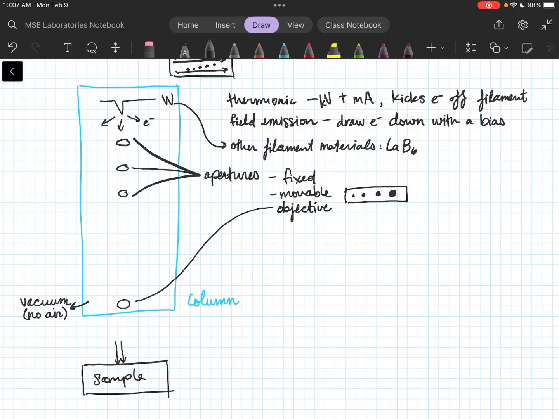The objective aperture in this case is going to be your final set amount that you want to let through. It is the final boss battle along this pathway. It is going to be the smallest hole of the whole column, and it's really the final refining before it hits the sample.